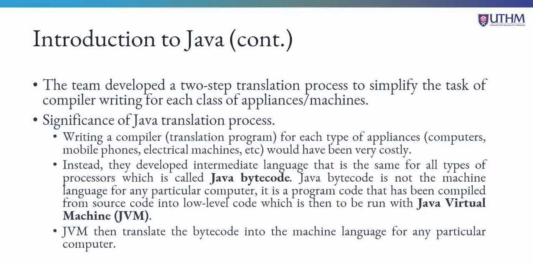So it can be cumbersome if we as developers need to write a different compiler for every machine or appliance. Instead, they developed an intermediate language that is the same for all types of processors, which is called Java bytecode.